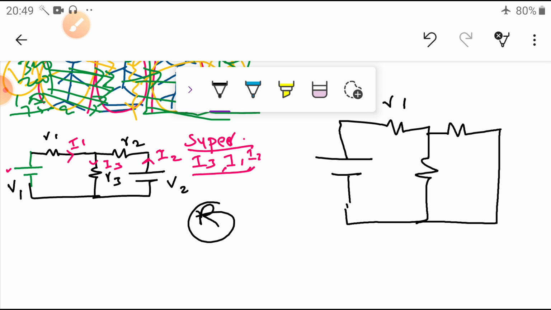Now here are R1, R2 and R3 and this is V1.